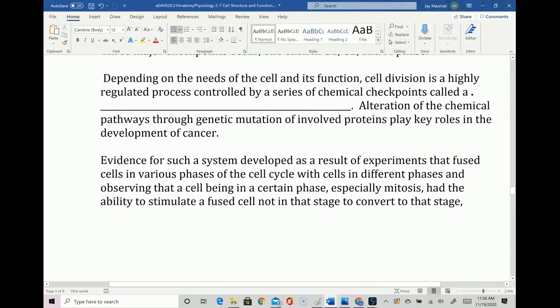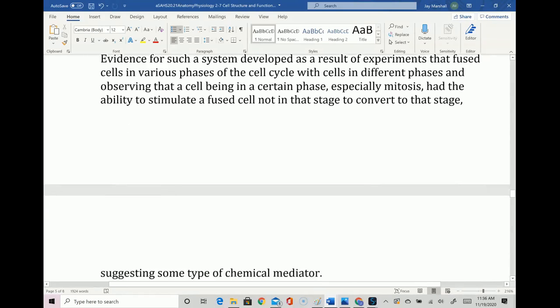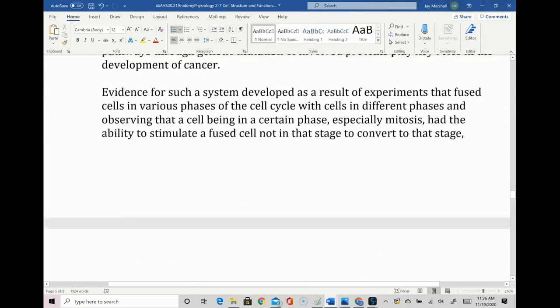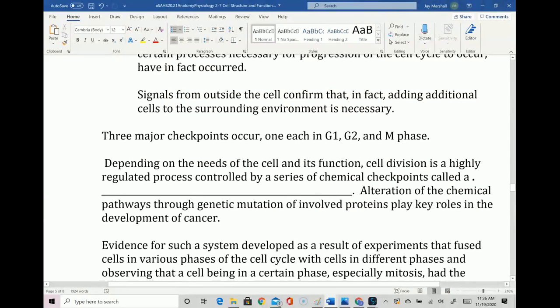Depending on the needs of the cell and its functions, cell division is a highly regulated process controlled by a series of chemical checkpoints called a cell cycle control system. That's kind of an official term, the cell cycle control system.